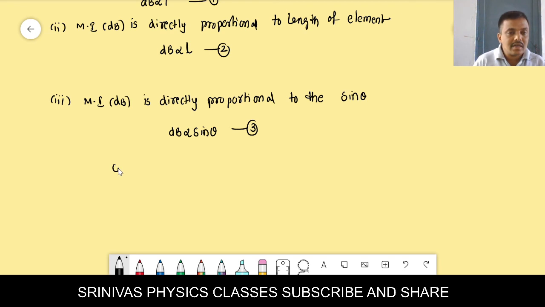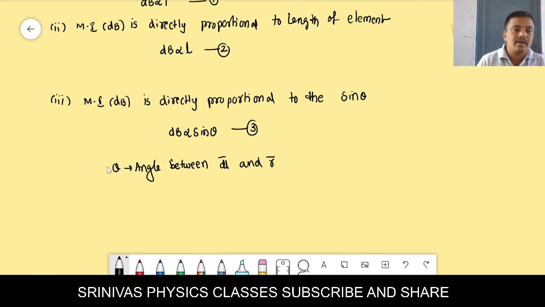And here theta is the angle between dl bar and r bar. We take dl as a vector and r also as a vector. The angle between them is theta.